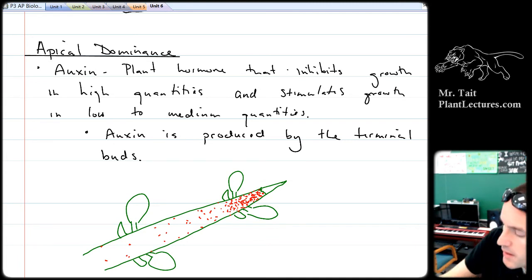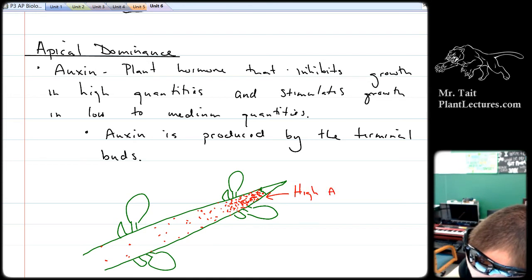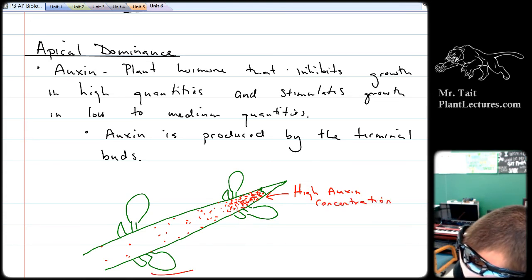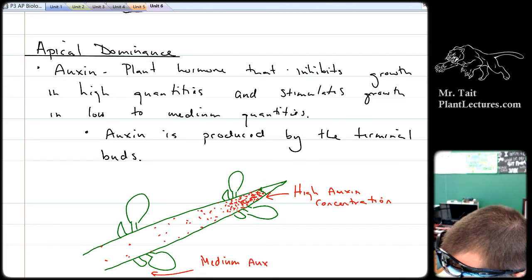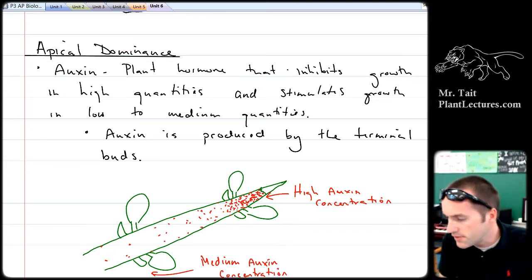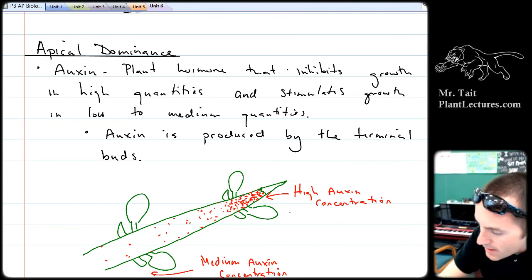Okay, so here you can see there's high concentration of auxin. Here, there's a medium concentration of auxin. And so the result of this is that where the concentration of auxin is high, this inhibits growth.